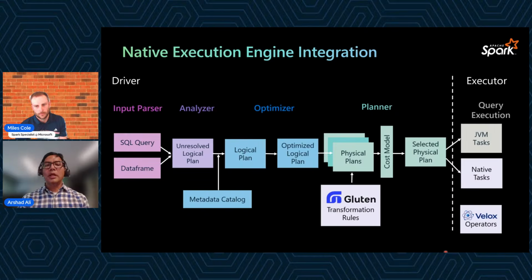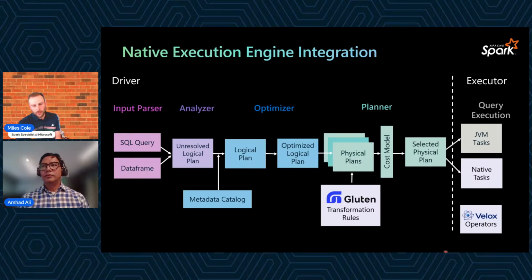So there is a Gluten component sitting at the physical plan, or generating the physical plan and offloading the execution to the native task. So this is being taken care of internally by the native execution engine, and you don't have to worry about that. So this goes through the Catalyst optimizer that you have. Let's go to the next slide, please.